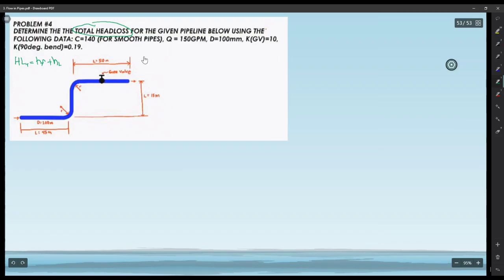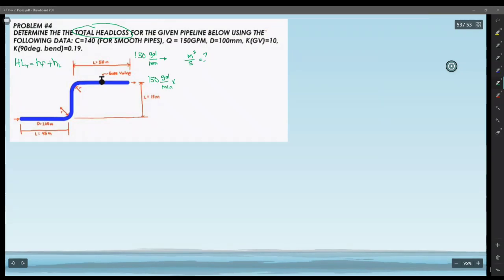First, we have 150 gallons per minute. We need to bring it to the unit of cubic meter per second. So what conversions will we do? First of all, we need to convert gallon to liter.